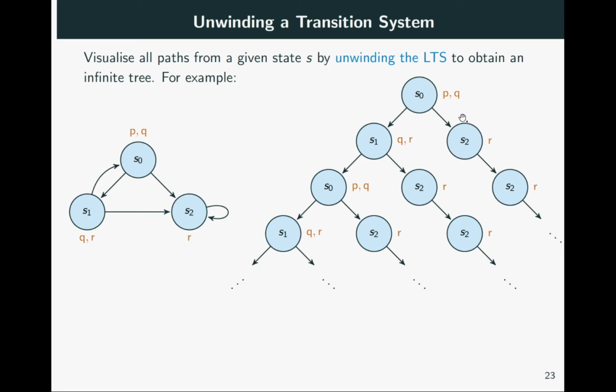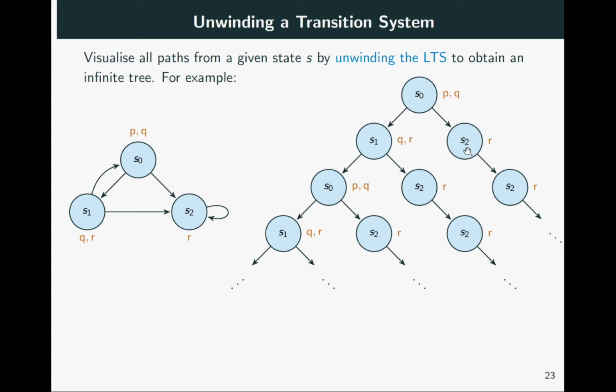We indicate here on the second level all the states to which S0 goes. And then on the third level, we indicate all the states to which the level 2 states go. So S1 transits to S0 and to S2, as seen here. So this is reflected in the tree. On the other hand, S2 only transits to itself in the original system.